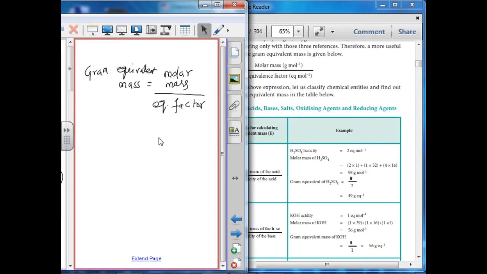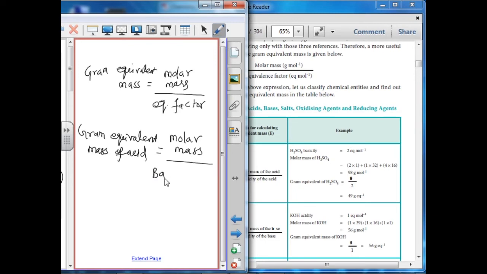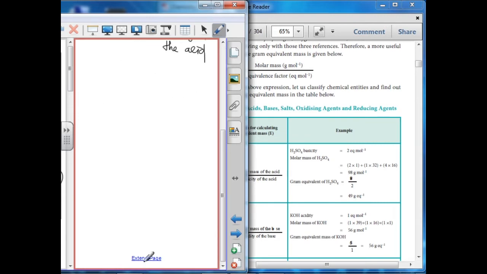The formula: gram equivalent mass of acid equal to molar mass divided by basicity of the acid. What is basicity?